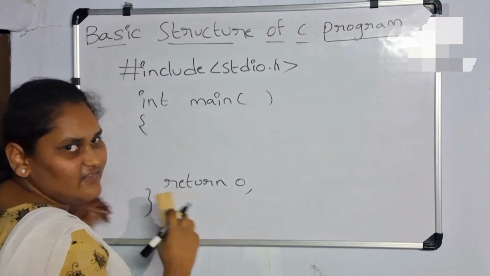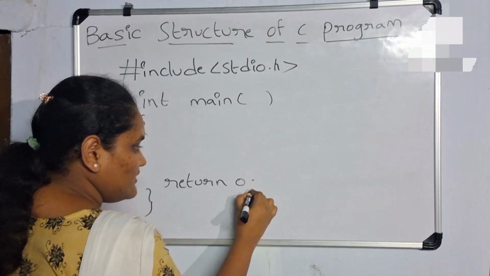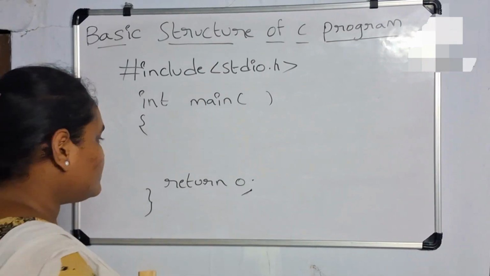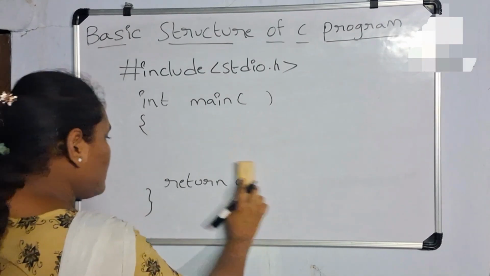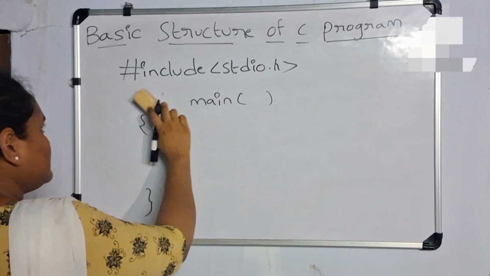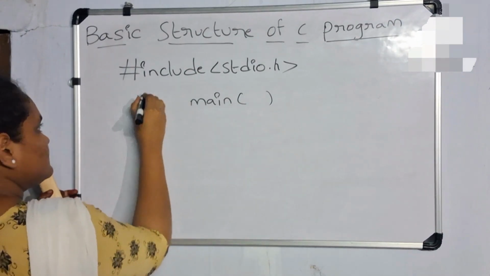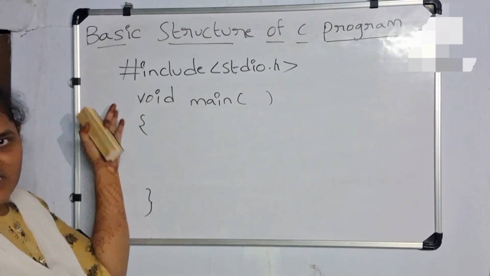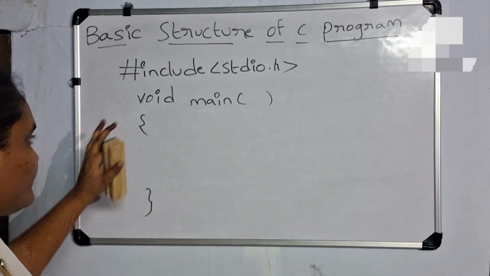Other functions have other return types as well. We'll dive into function concepts in future videos. I'm happy with keeping it void. You can keep int as well, that's up to you.